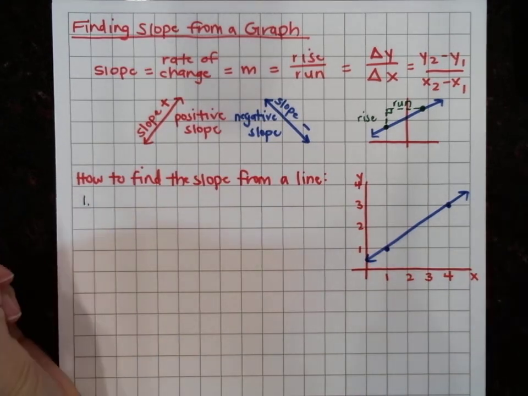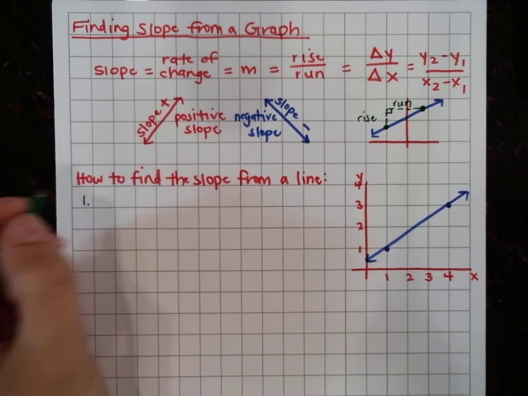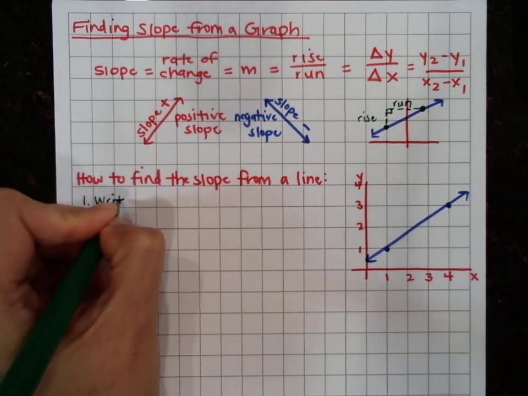So the first step you're going to do is write slope on the line to determine if it is positive or negative.